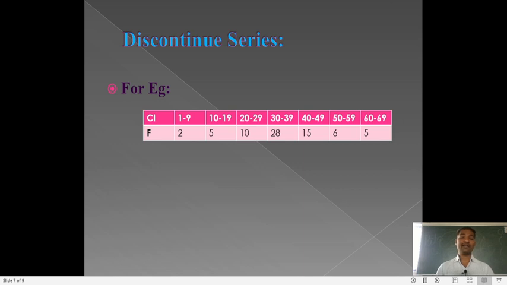Then the class becomes continuous, and we can start solving the numerical problem. If we solve the problem without this adjustment, it will be wrong. So we must take care to identify what is a continuous series and what is a discontinuous series.